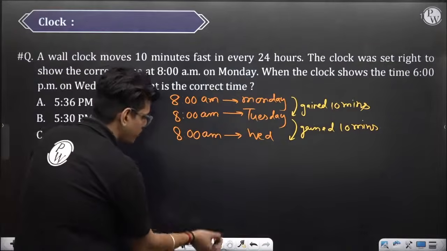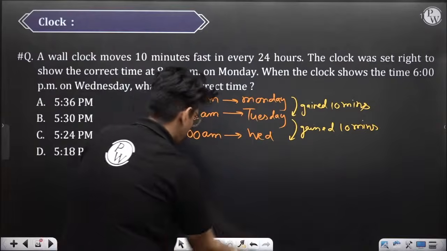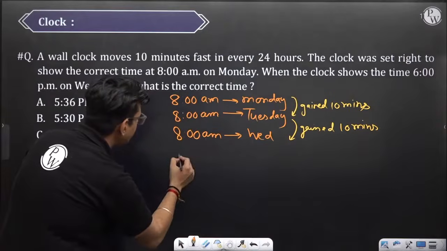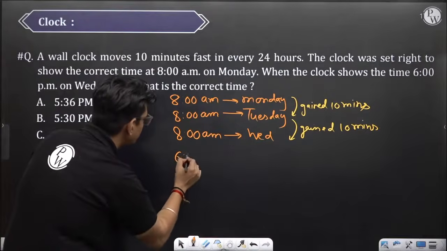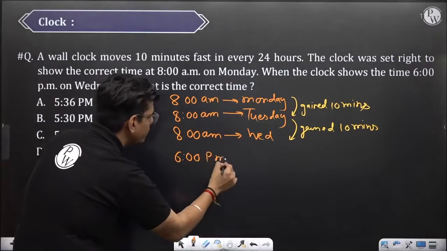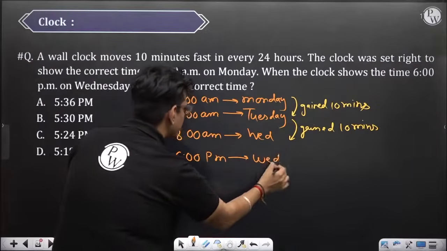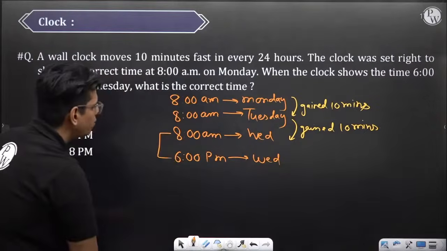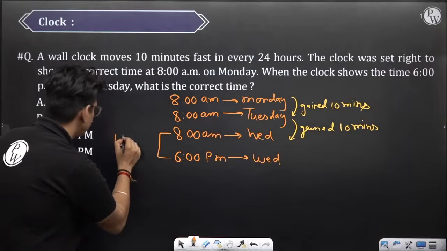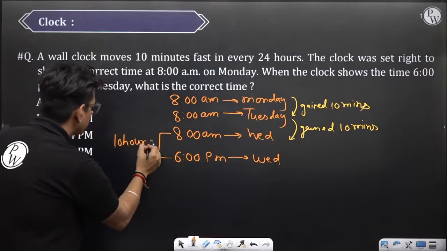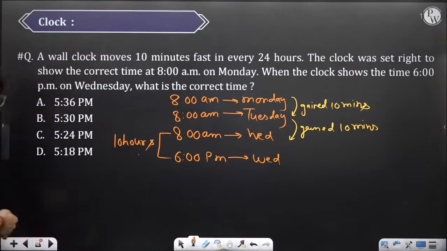So now the next move is from 8 a.m. Wednesday to 6 p.m. Wednesday. The difference is how much? 10 hours. So the clock was gaining how much?